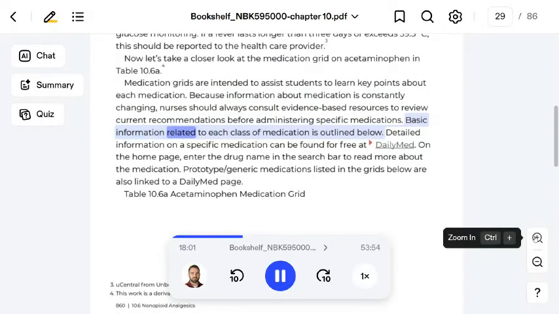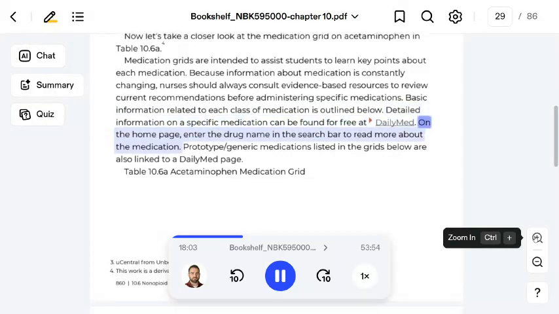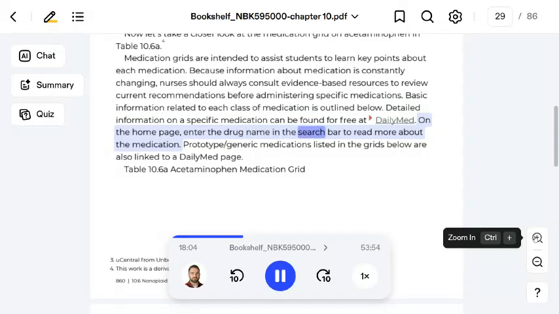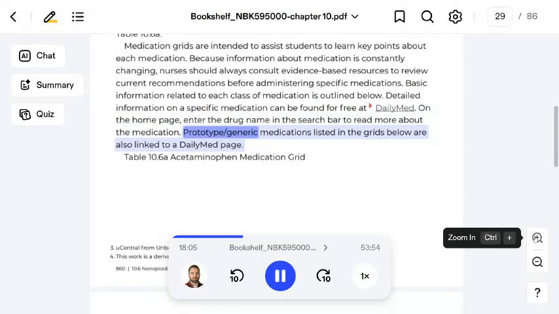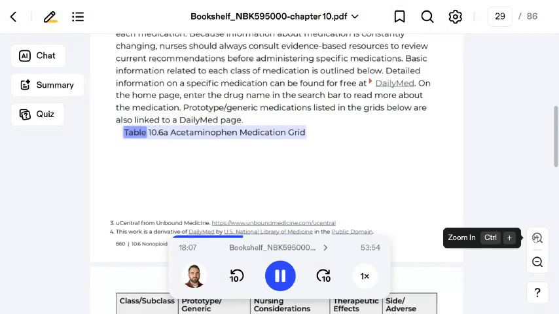Basic information related to each class of medication is outlined below. Detailed information on a specific medication can be found for free at DailyMed. On the home page, enter the drug name in the search bar to read more about the medication. Prototype generic medications listed in the grids below are also linked to a DailyMed page. Table 10.6a Acetaminophen Medication Grid.